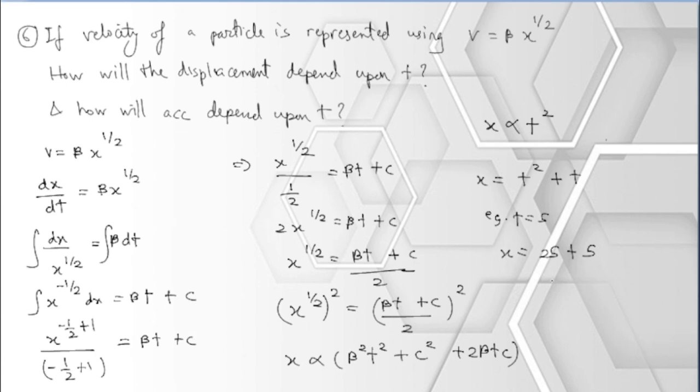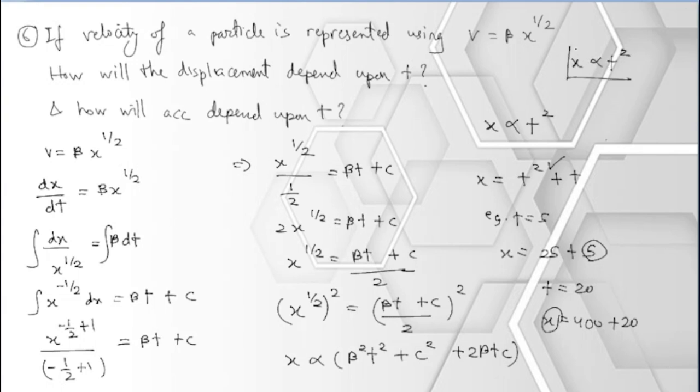But if t equals 20, then x is 400 plus 20. So this value will not affect x much. The lower power of the variable does not affect it much. The dominating term is t squared. So displacement is proportional to t to the power of 2.